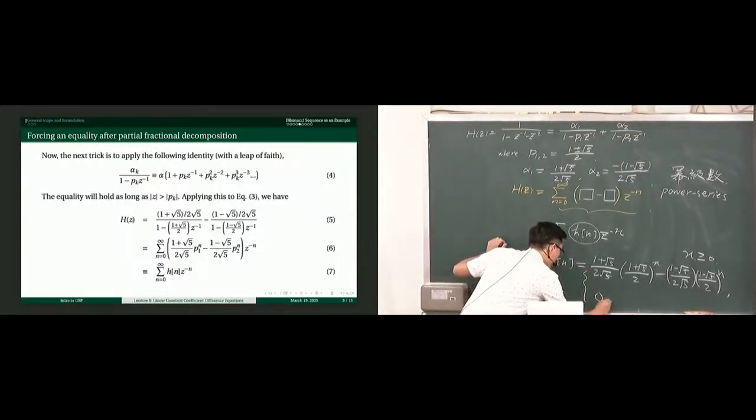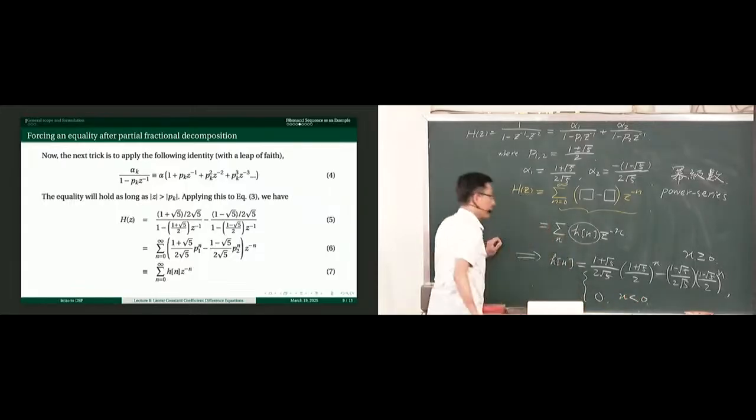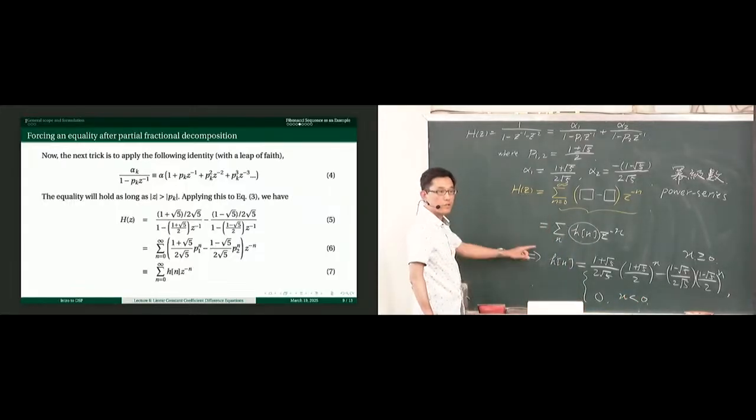And 0 when n is before time 0. H is the impulse response of a causal system.